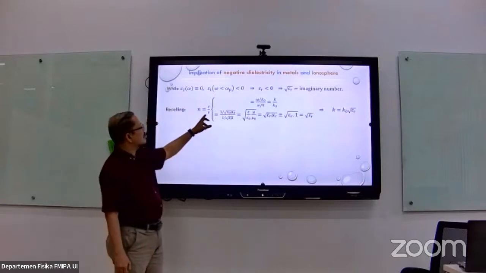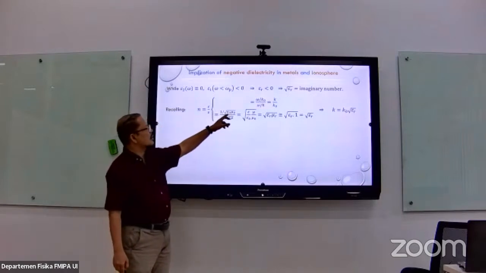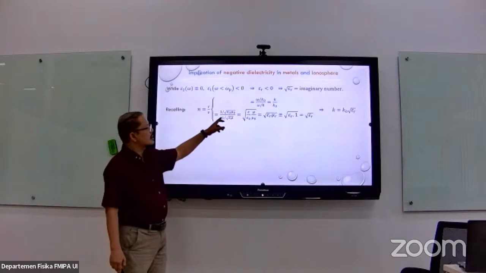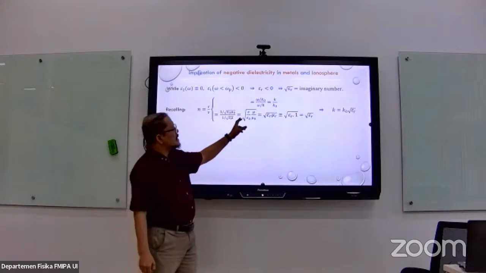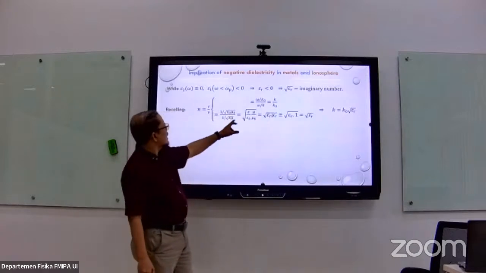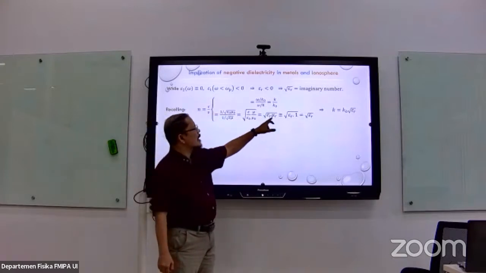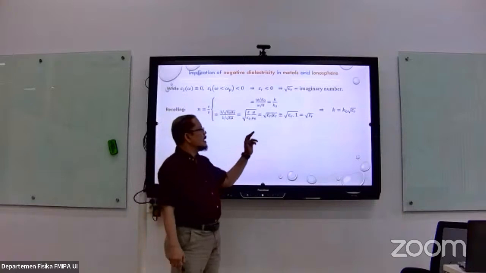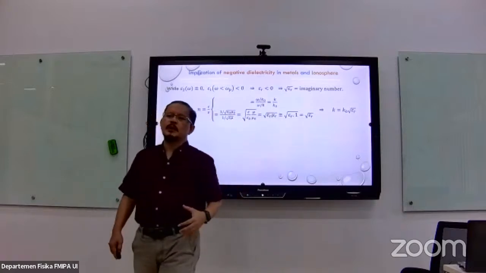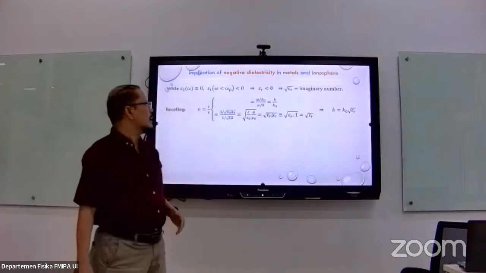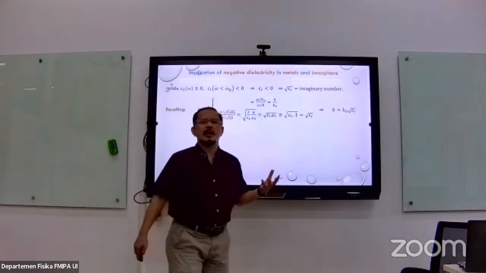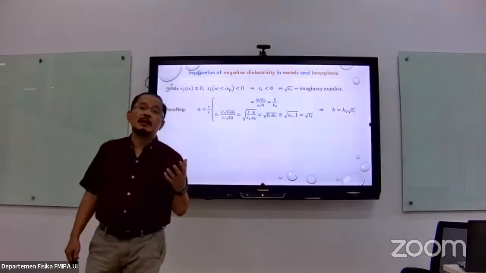Meanwhile, we can also take the definition of 1 over square root of epsilon naught mu naught, right? Like this. As we proceed with the math, we'll get that n is equal to the square root of epsilon r mu r. Keep in mind that in this case, it is customary that we limit our discussion to non-magnetic materials.